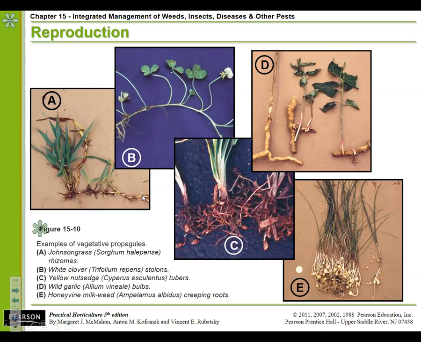So we have Johnson grass over here on the left, a really horrible perennial weed that also makes these really long rhizomes. The rhizome is just an underground, horizontally growing stem. When you're trying to control that, you want to try to get all the roots out. If any of those break off, they make a new crown, make a new plant.